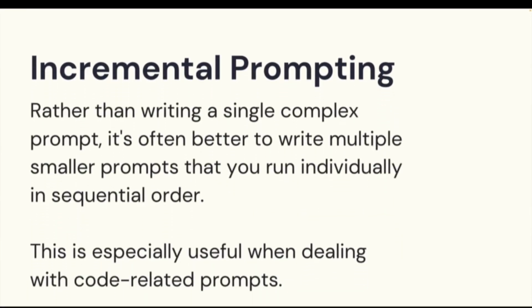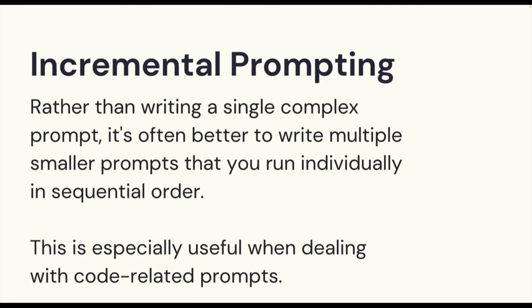This next tip is also a pretty straightforward one that might seem obvious, but the concept is that it's generally better to write multiple single-purpose prompts in a sequential order instead of a single multiple goal prompt. So instead of one prompt that says, write me a title for a blog post, an outline for a blog post, an abstract for the blog post, a meta description, and then write the blog post all at once, which ChatGPT could do.